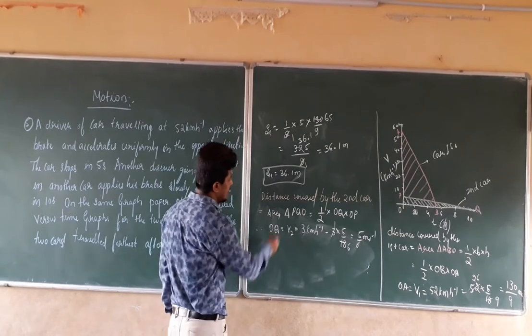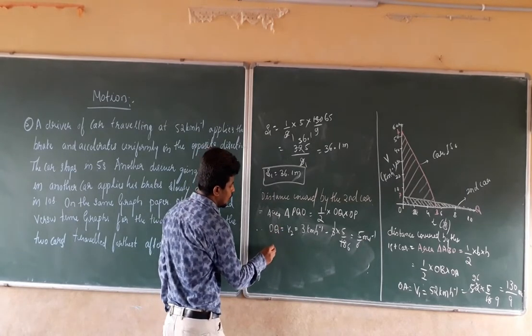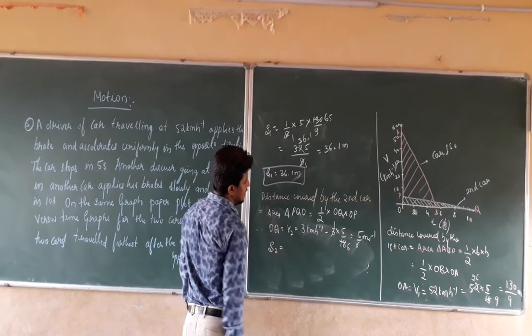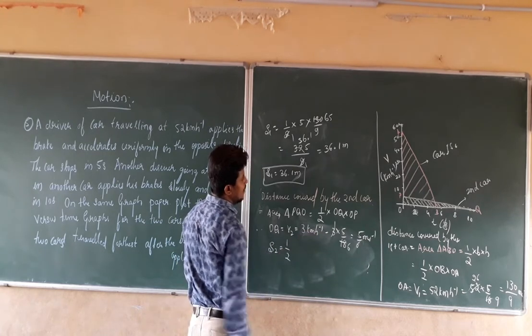Now what we have to calculate is the area of triangle PQO, which is S2. That equals half. What is the value of OQ?